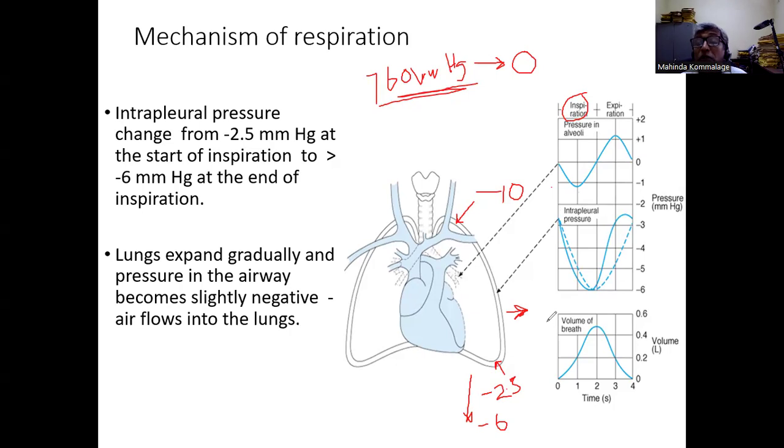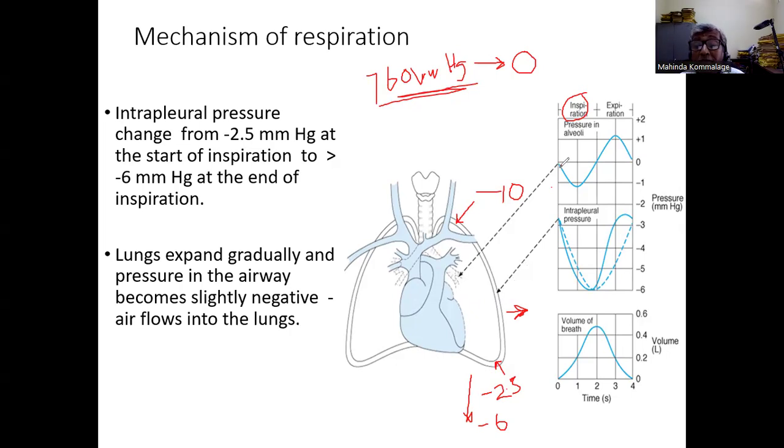Of course, because it's a volume expansion and pressure should reduce. So when pressure reduces in the interpleural space, and volume expands in the whole lung, the volume of the alveoli also expands. And of course pressure in the alveoli also reduces.